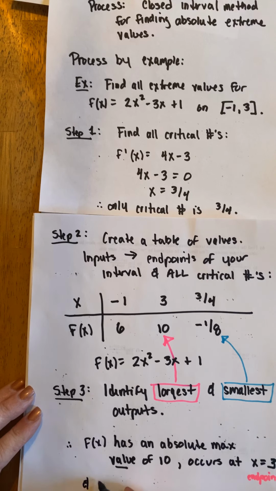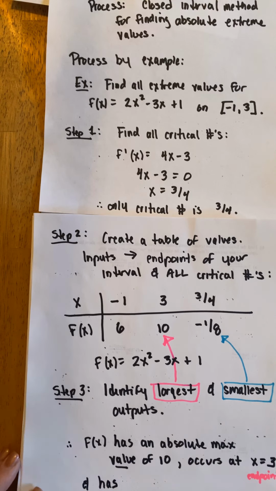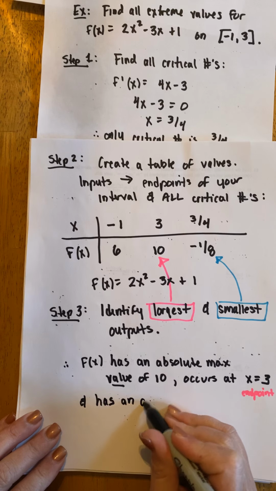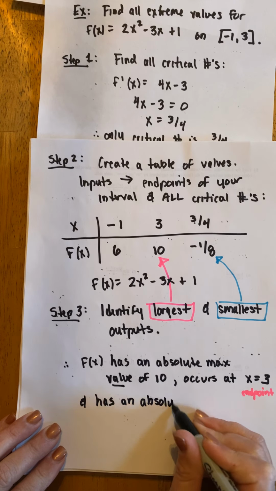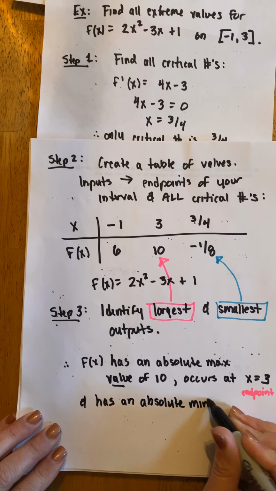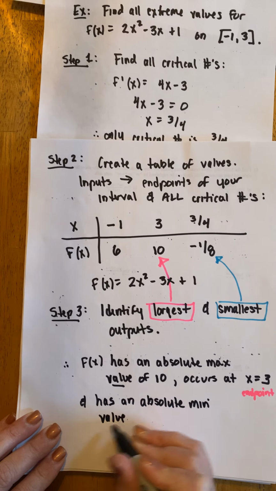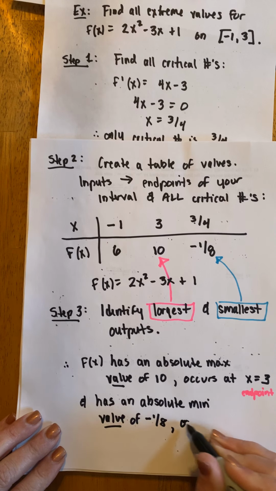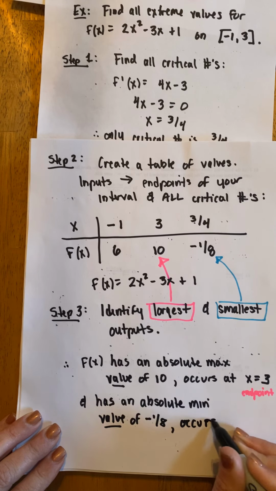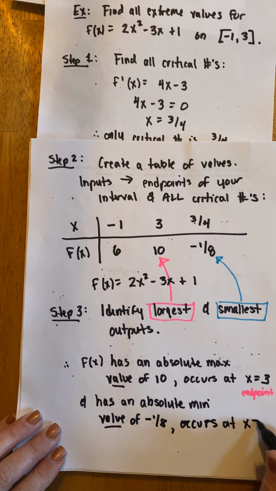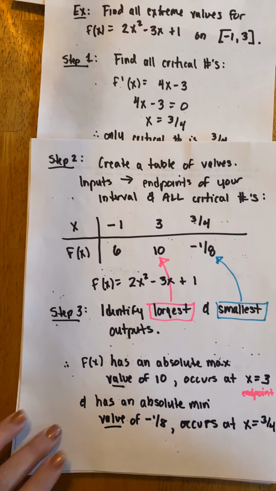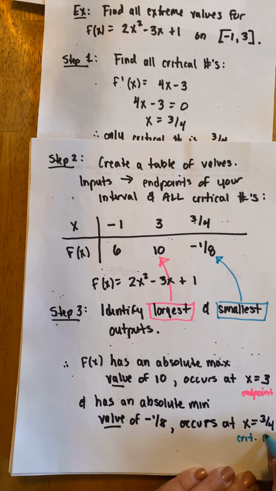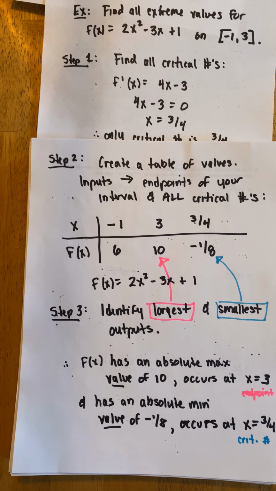And it has an absolute minimum value of -1/8, which occurs at the critical point, which happens to be the vertex of this parabola, 3/4.